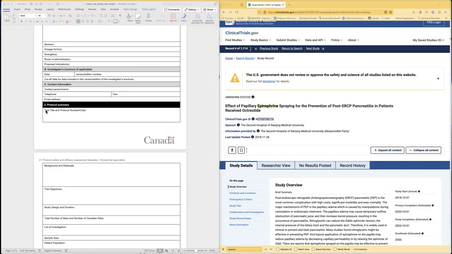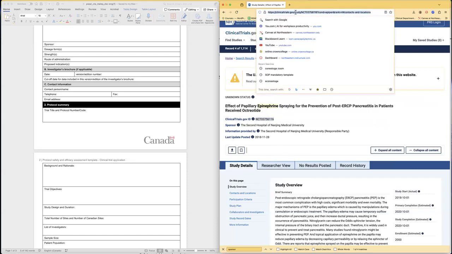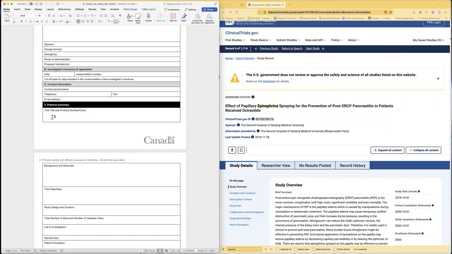So here in section 2, you will have to write down the trial title, which is here, and then the protocol number, which is here as per clinicaltrials.gov. You also need to copy the URL and add that URL in this box in the protocol summary section.